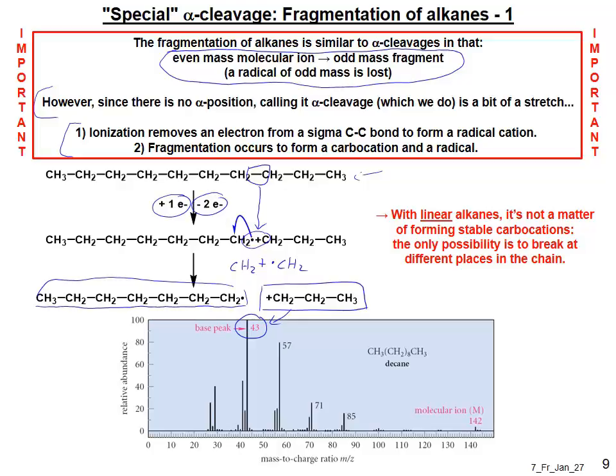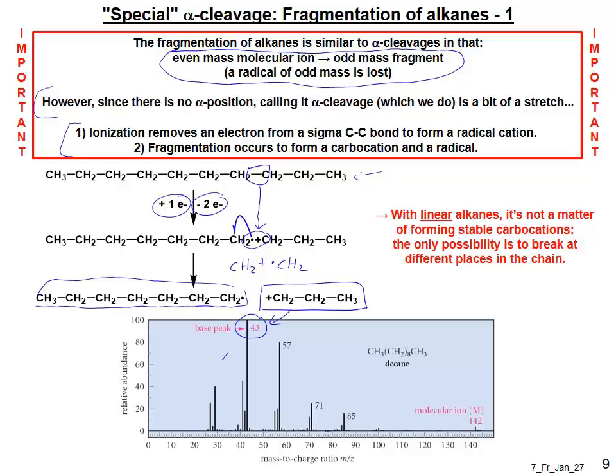With linear alkanes like decane on this slide, there are places that are more favorable for cleavage, but there's really no driving force. We're not forming carbocations that are much more stable than others, just because the molecule is linear. So that's why you typically see in a linear alkane that you basically get all the possibilities in terms of cleavage.